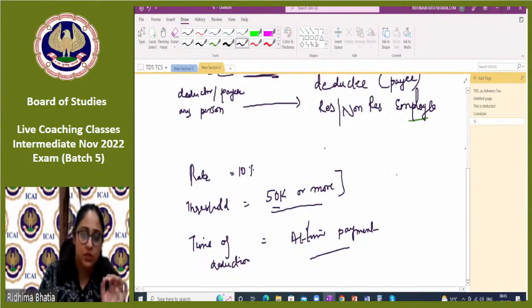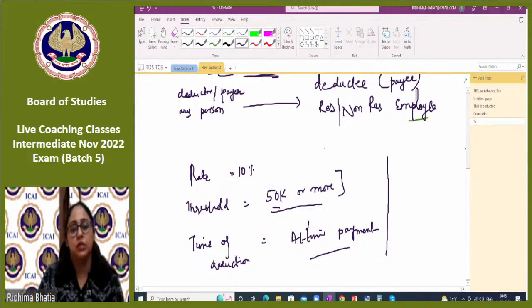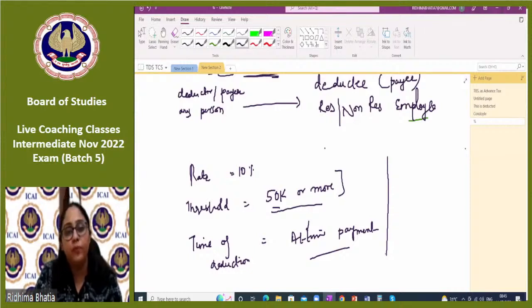One thing to remember here: when you deduct TDS, you have to give your PAN. As per section 206AA, if you do not give your PAN, the TDS would be deducted at a higher rate of 20% or the rate of the section, whichever is higher. Why is PAN important? Because only then will they deposit it on your behalf.